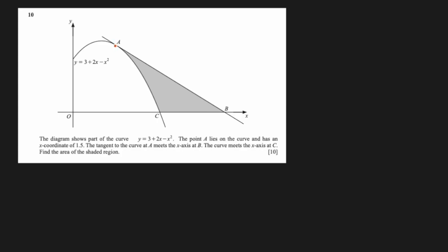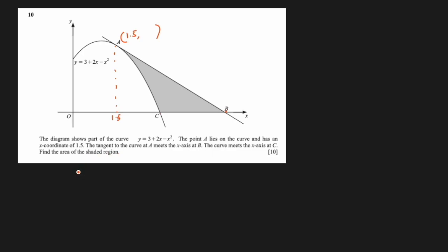The y coordinate may be needed later. The tangent to the curve at A meets the x-axis at B. Here the curve meets the x-axis at C. Find the area of the shaded region.